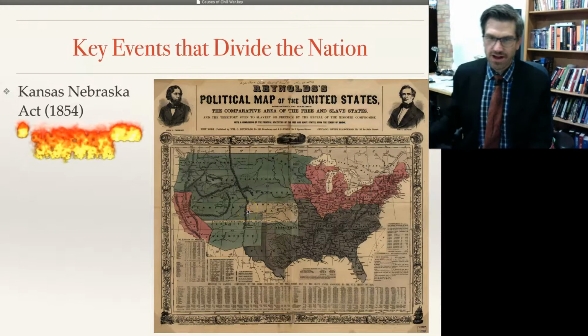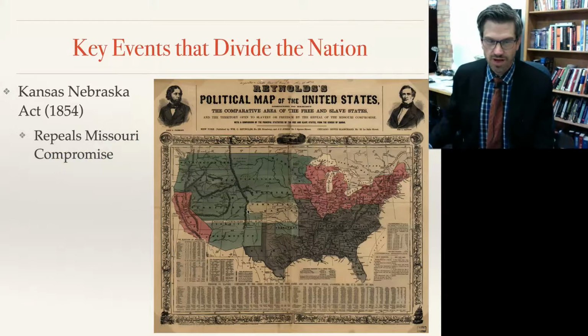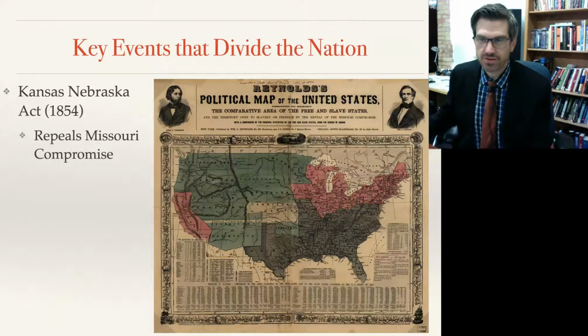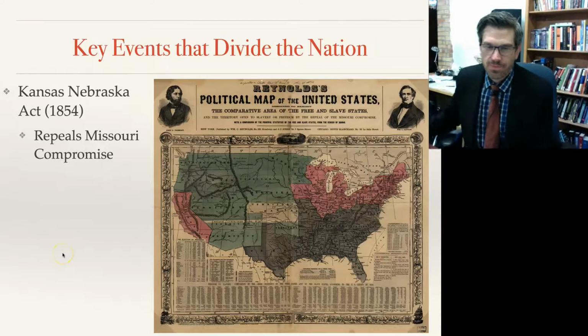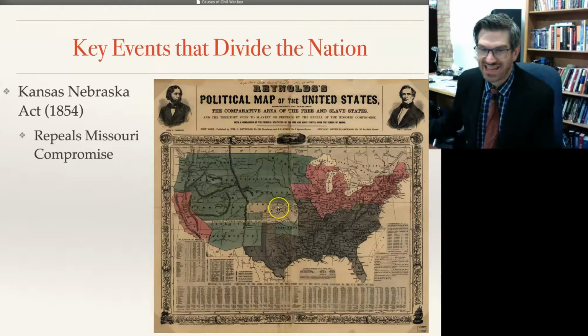So the Kansas-Nebraska Act was, again, an attempt to figure out how we're going to keep this balance between slave state and free. Under the Missouri Compromise, this area was above this line here, so this is really supposed to be a free state once it was organized as a state.